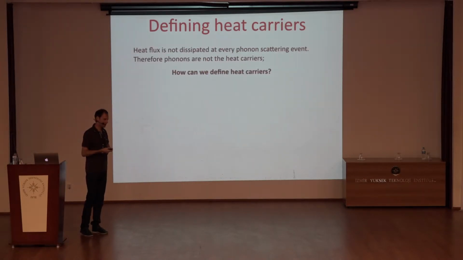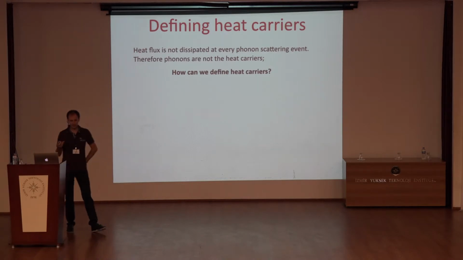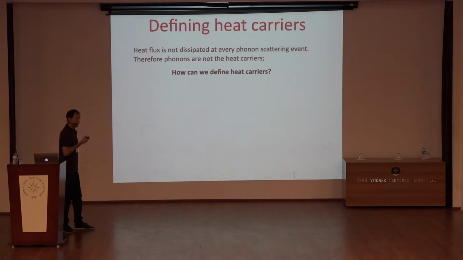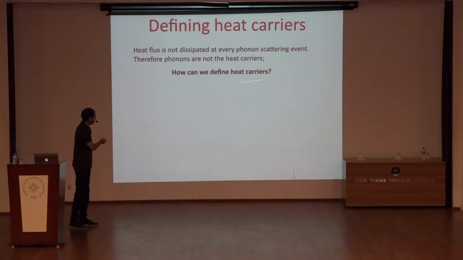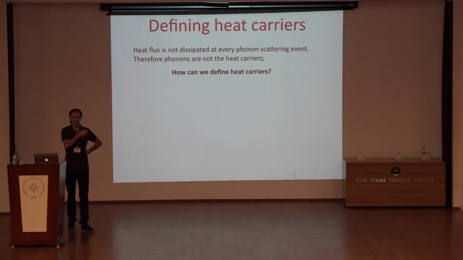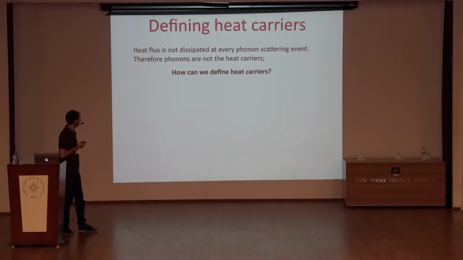So in some sense, you cannot really look at the phonons and use that as a meaningful relaxation time to understand what is the heat flux dissipation, what is the right time scale at which that phenomenon is taking place. And so more generally, our idea was not just to find the best relaxation time for phonons, but really to understand what is the right way to think about the heat carrier.